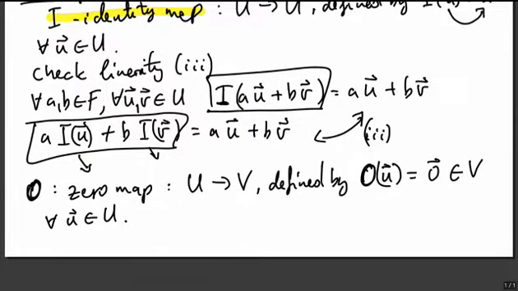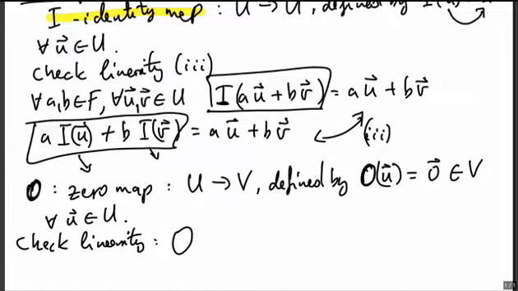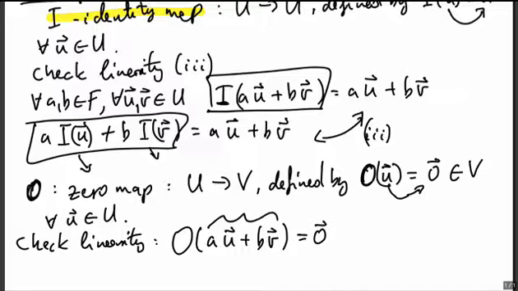So to check linearity, again we check the two sides of 3. Left-hand side of 3 is that we have au plus bv. This is one vector, so we don't have to do much work with this right now, because it says that for any vector you get the zero vector, so then this also is supposed to give you the zero vector.